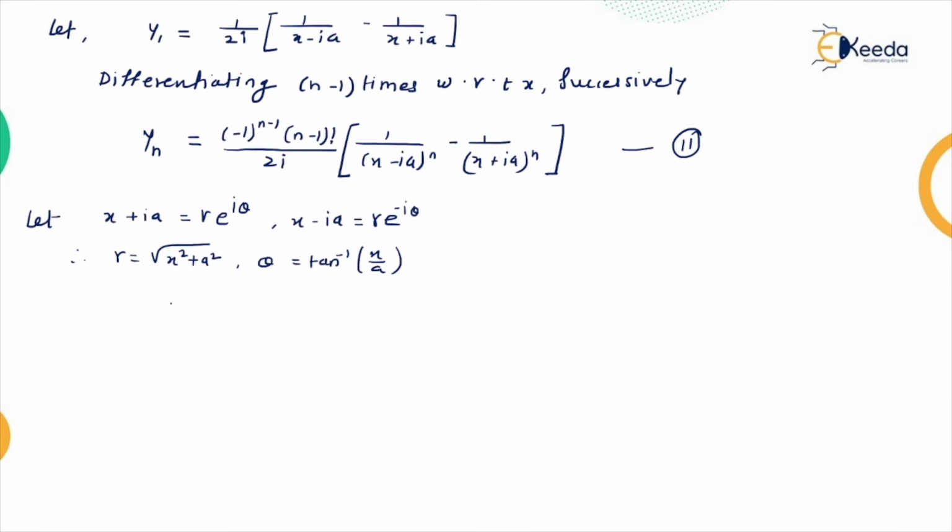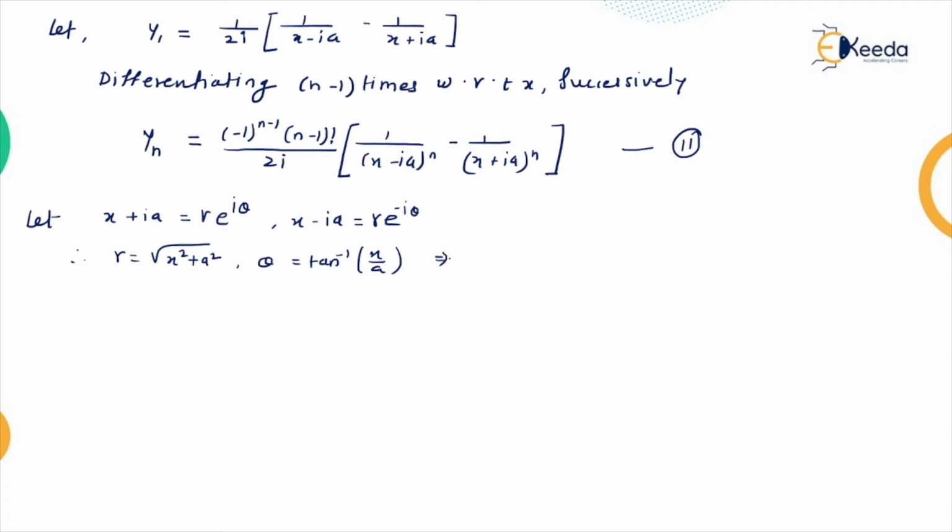I hope you understand this. If your complex number is x plus iy, then r is the square root of x square plus y square, and theta is tan inverse of y divided by x. This is the argument and amplitude of the complex number, and r is called the modulus of the complex number.